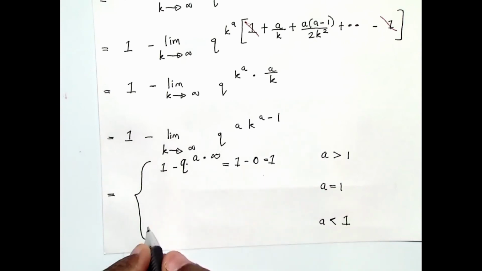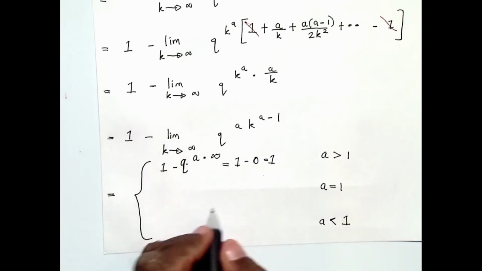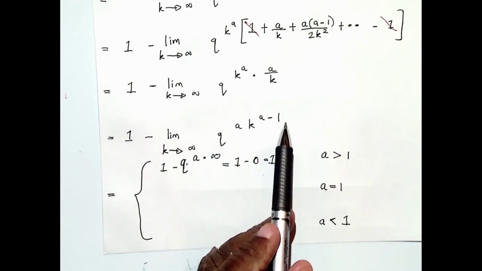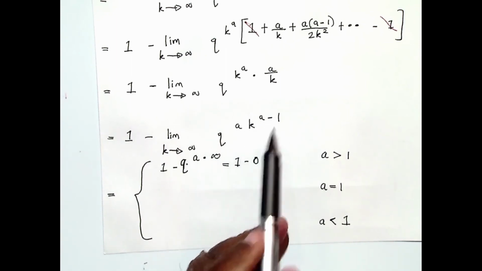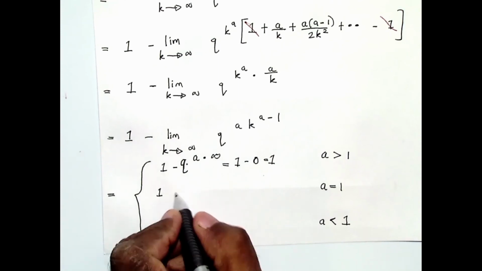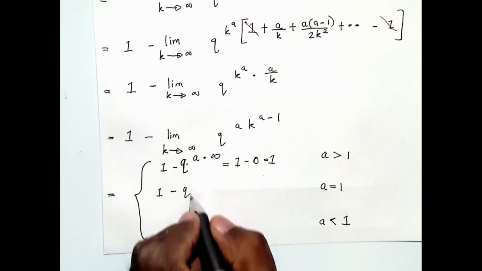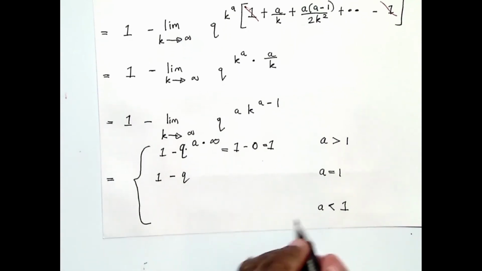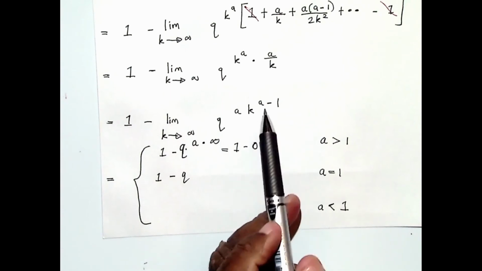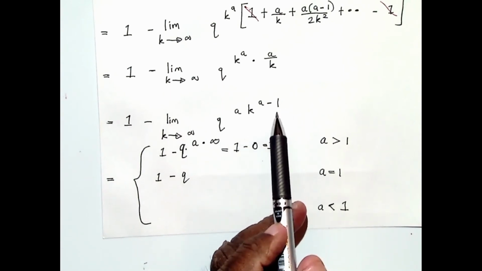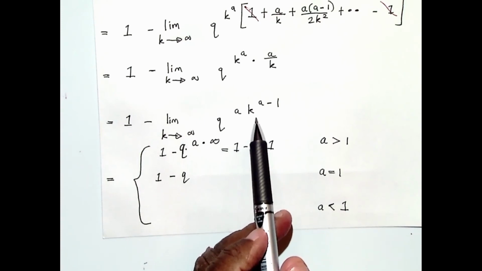Now in the second case, when a is equal to 1, a minus 1 is 0, so k power 0 is 1. So you get 1 minus q. This is the limit when a is equal to 1. Finally, if a is less than 1, a minus 1 is a negative number, so k to the power of a negative number as k goes to infinity is 0.